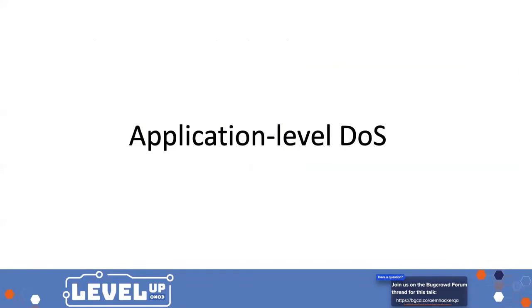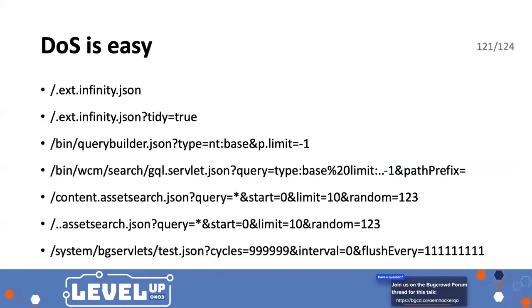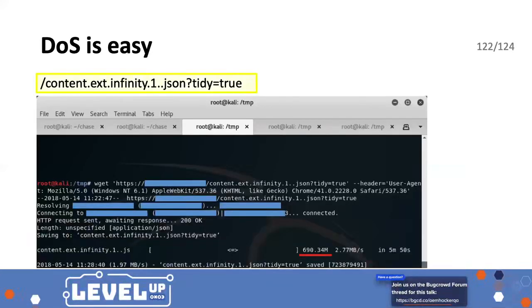Application-level denial of service attacks are quite easy to implement against AEM web applications. You can create a notable load on an AEM instance by submitting simple requests. And some programs luckily accept application-level denial of service submissions. Let's look at an example.